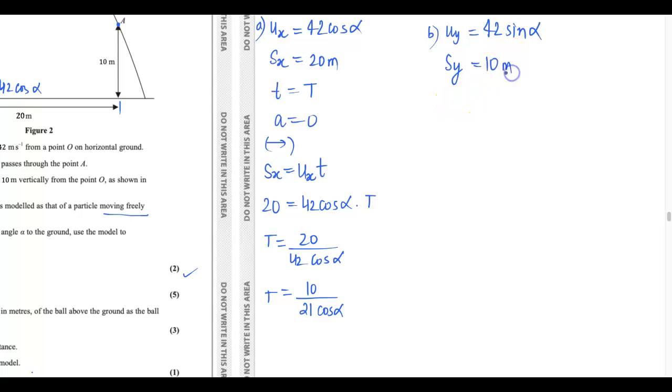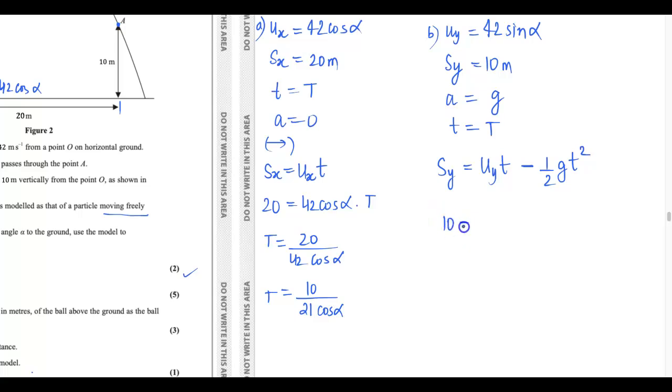What else do we know? Acceleration will be g only, and time is t. So can we say Sy, the vertical distance travelled, is going to be equal to uy t minus, because upward motion is opposite to gravity, half g t squared. Let's substitute all the values.